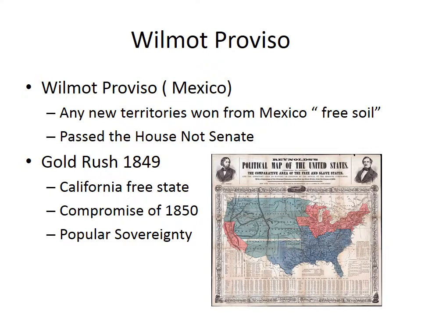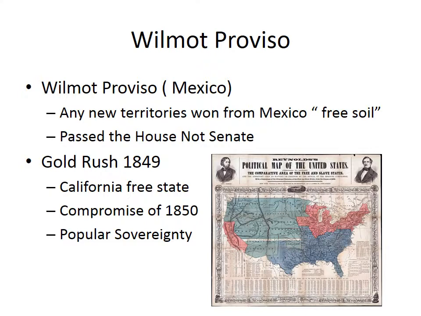Again, on this issue of slavery, we're going to have the Wilmot Proviso. The Wilmot Proviso wanted any new territories gained from Mexico to be free states. This is going to see the development of a political party which you need to know, which is the Free Soil Party.